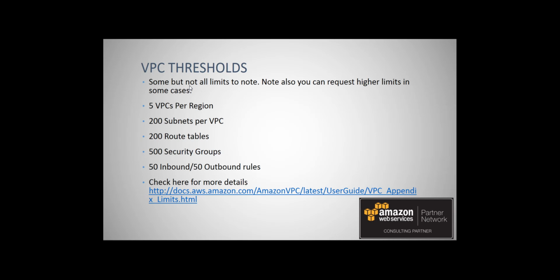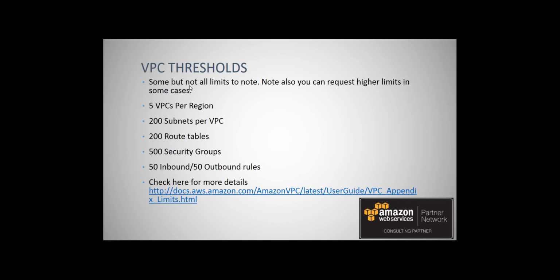Now, some of the thresholds that I think are important to note: you can only scale up to 5 VPCs per region. Of course, there are always variations to a lot of these limits, and you may have to contact Amazon to get a higher limit.